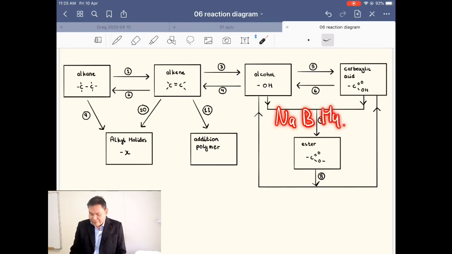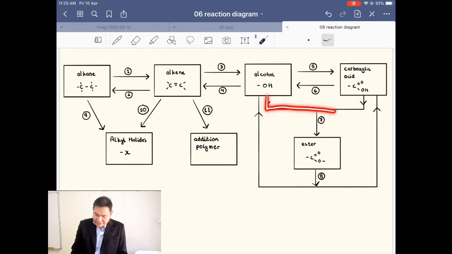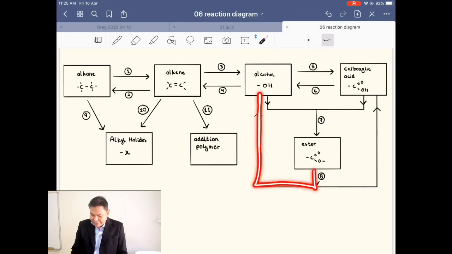Alcohol you combine with carboxylic acid to produce ester. Catalyst is concentrated H2SO4. Reaction number 8 is the opposite of that, which is called hydrolysis. Yeah, dilute HCl. Ester breaks up into alcohol and carboxylic acid.